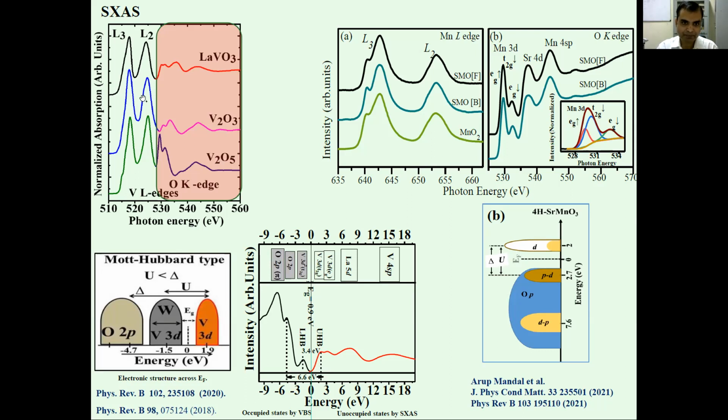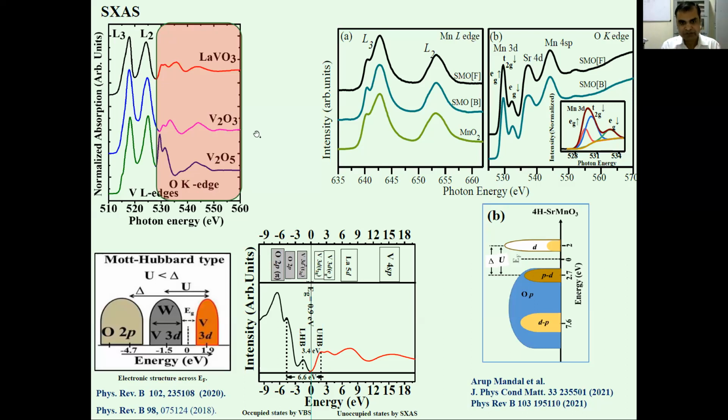Also, by probing the oxygen K edge, the hybridization between vanadium and oxygen gives rise to different kinds of features, and one can get different information. Please remember, photoelectron spectroscopy gives information about the occupied states, because you are exciting electrons from the occupied states and measuring the kinetic energy of the electron emitted from the core level.